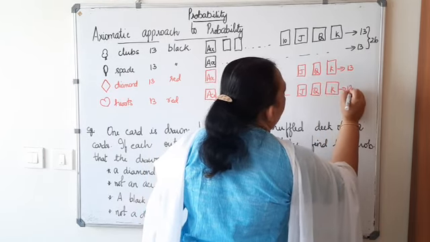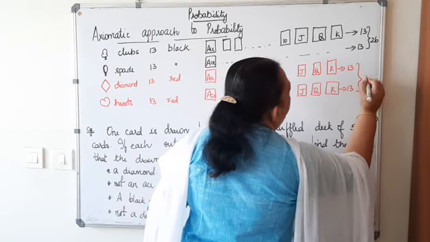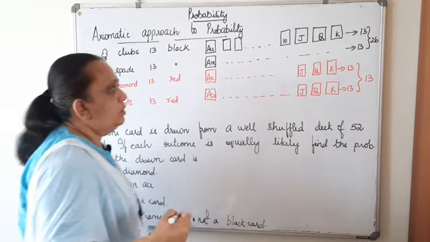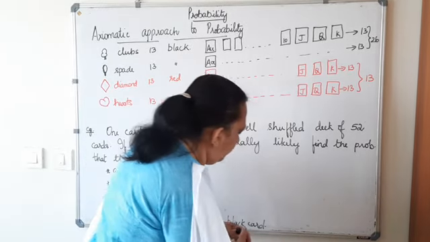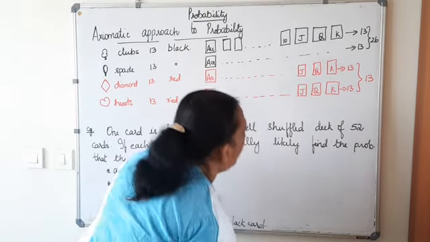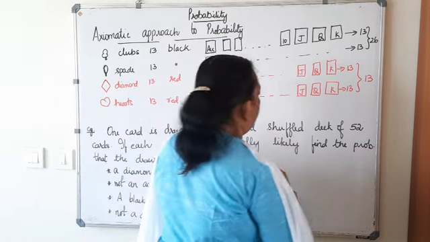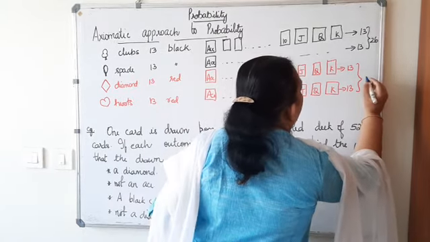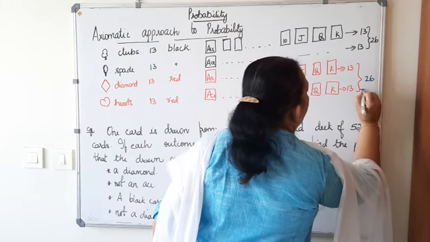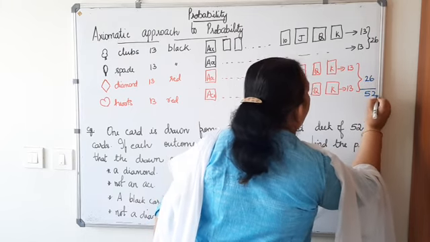This is also 13. So you have 26 red cards. So total number of cards in the pack of cards is equal to 52. Joker is not included.